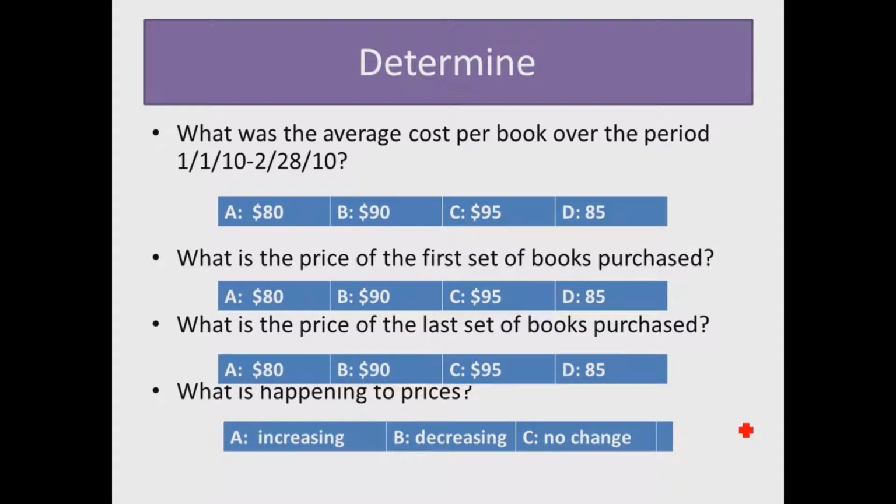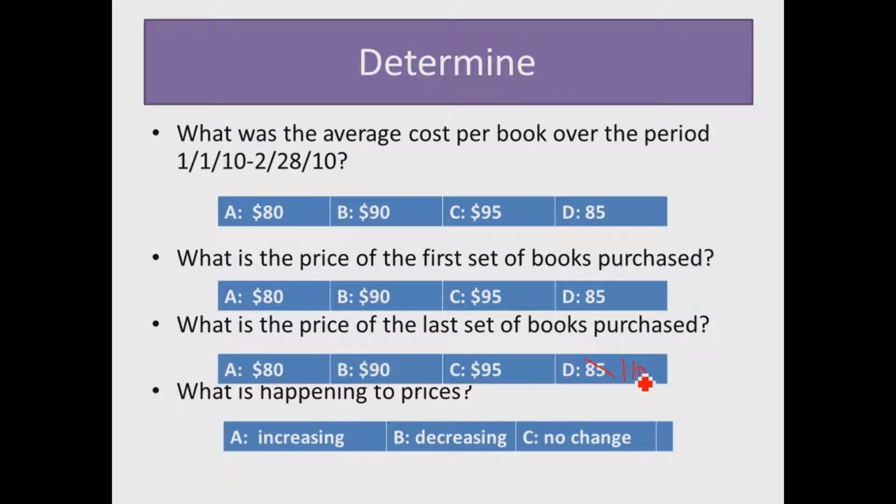How about the price of the last book's purchase? Okay, so it's not even on there. 110. If this is the cost of the last set of books purchased, and you only sold 100 books, then of course your cost of goods sold would be based on a price per unit of $110 per book.